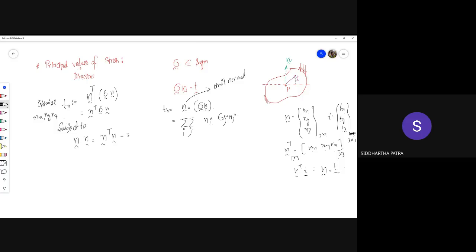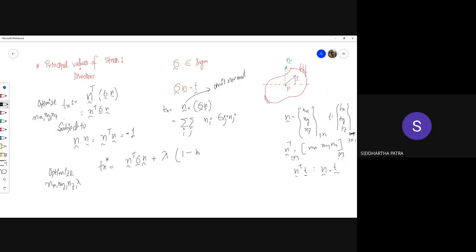So what we would be doing is bringing in something called a Lagrange multiplier, and we are now optimizing not Tn but Tn star, and that quantity is n transpose sigma times n plus lambda, which is a Lagrange multiplier, which is also an unknown. So this time I'm bringing in four unknowns, and I'll explain how that helps.